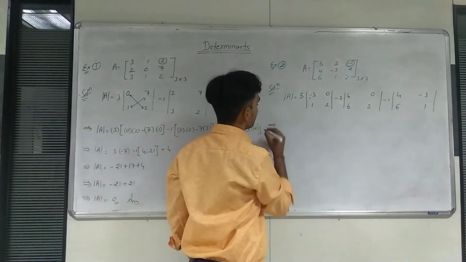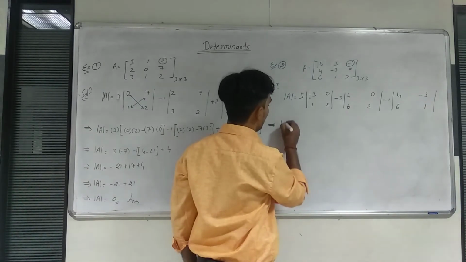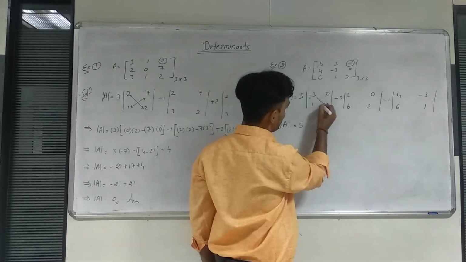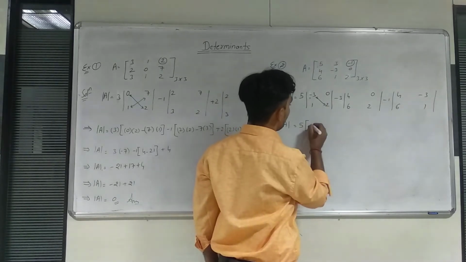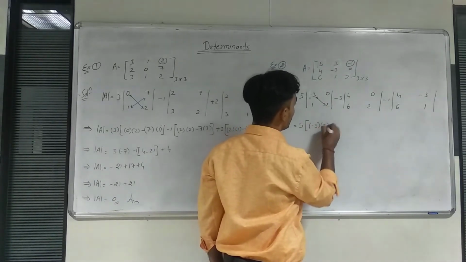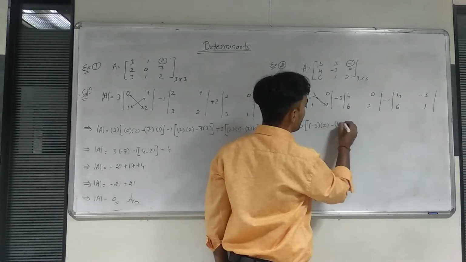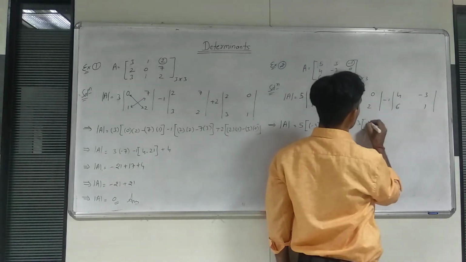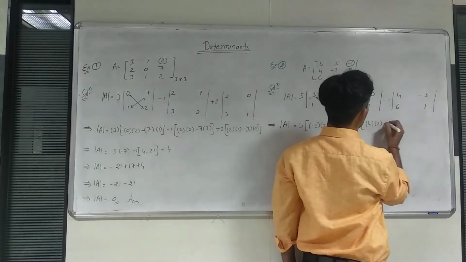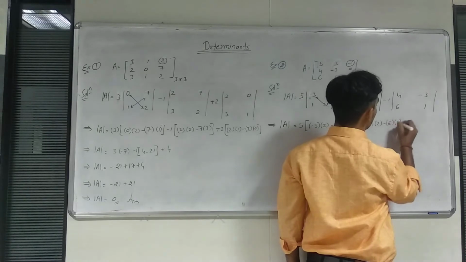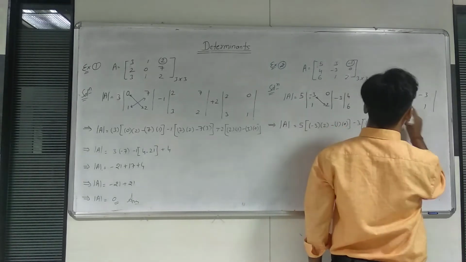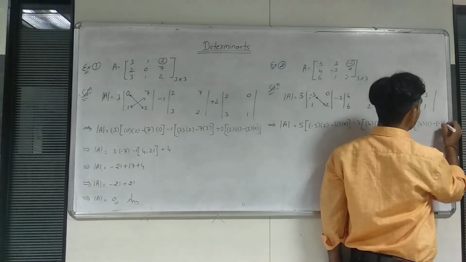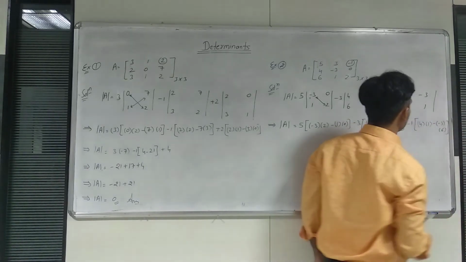So this becomes determinant of A equal to 5 cross multiplication in bracket, minus 3 into 2 minus 1 into 0, minus 3 bracket 4 into 2 minus 6 into 0, minus 1 in bracket 4 into 1 minus 3 into 6. Simplify.